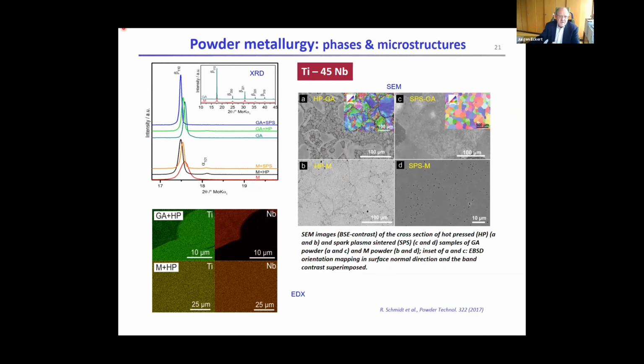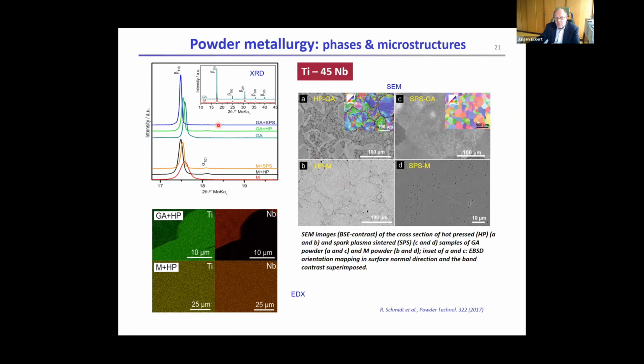You can do this, for instance, if you start from the powder, and HP stands for high temperature pressing or hot pressing, or you can do this by spark plasma sintering. So you can use different consolidation techniques to get the implants at the end.